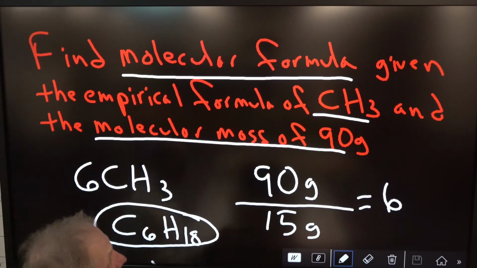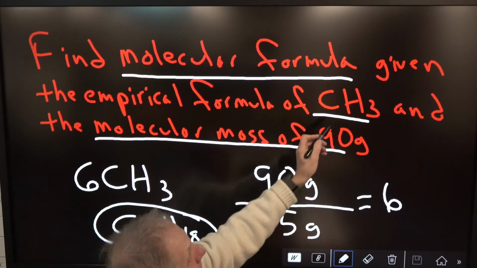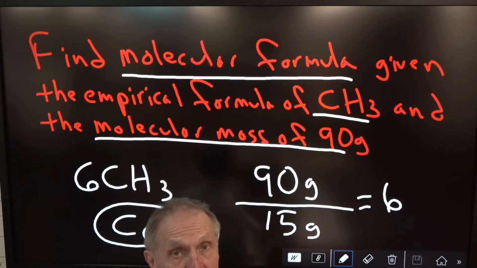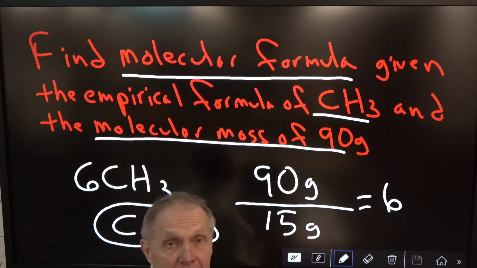So one more time, if they give you the empirical formula and the molecular mass, find the empirical mass and divide it into the molecular mass. 90 divided by 15. Okay, everybody understand that? We are going to do a big problem. This involves all three. All right, we're going to find the empirical formula, we're going to find the molecular mass, and then we're going to find the molecular formula.